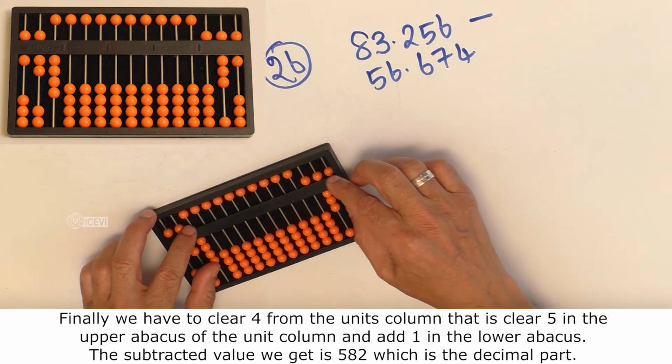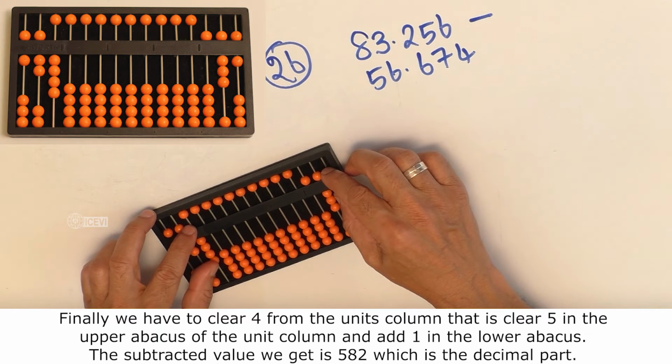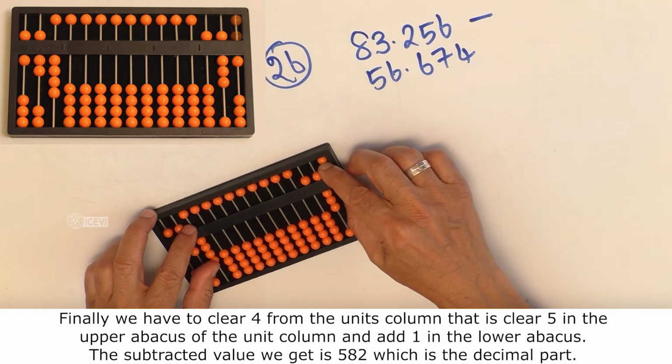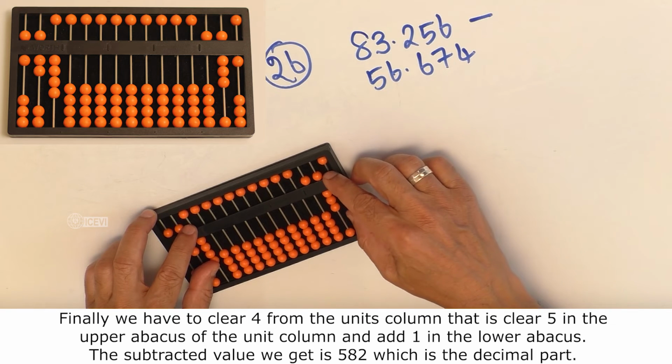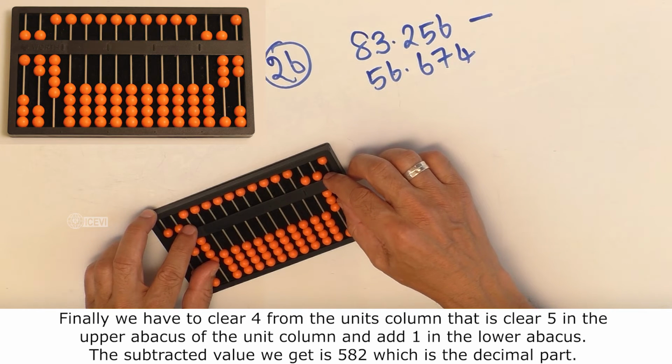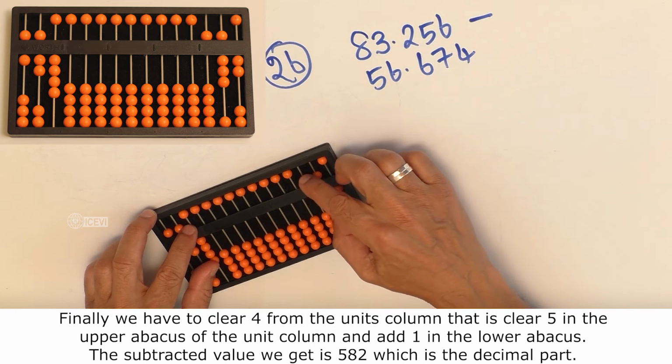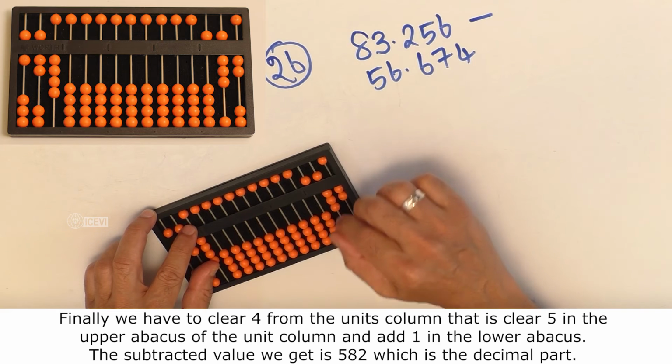Finally, we have to subtract 4 from the units column, that is clear 5 in the upper abacus of the unit column and add 1 in the lower abacus. The subtracted value we get is 582, which is the decimal part.